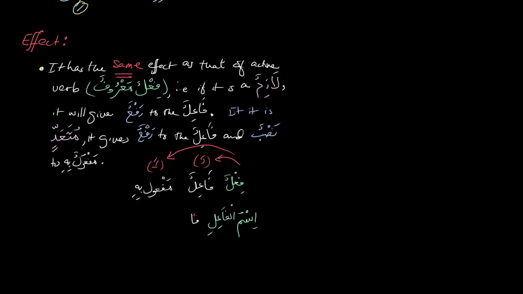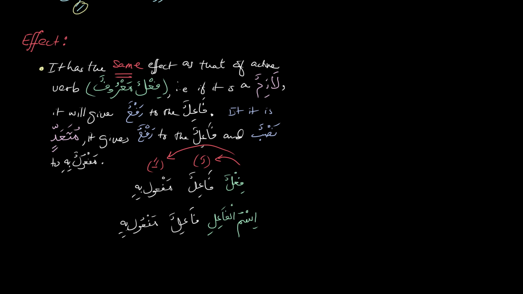And if it's a muta'addi situation, it's going to be followed by maf'ul bihi, and again it's going to do the same thing. It's going to make this a raf'un, and it's going to make this a mansubun, okay?